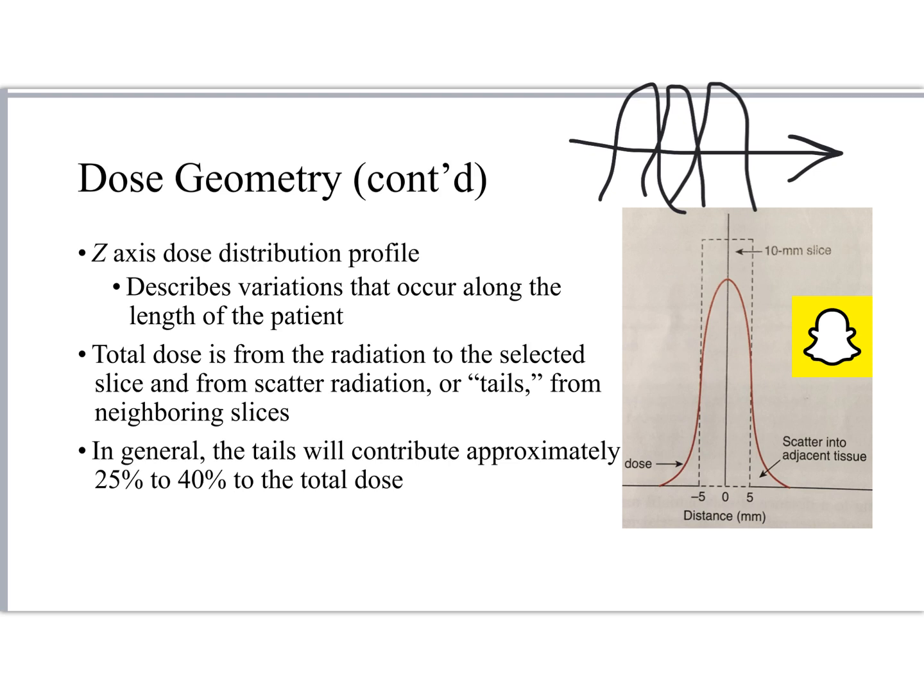There's an example of this on page 174 in the textbook. There's an additional discussion of this around 176. So this is a considerable consideration anytime we're talking about CT dose, that some of the scatter goes to adjacent volumes of tissue.